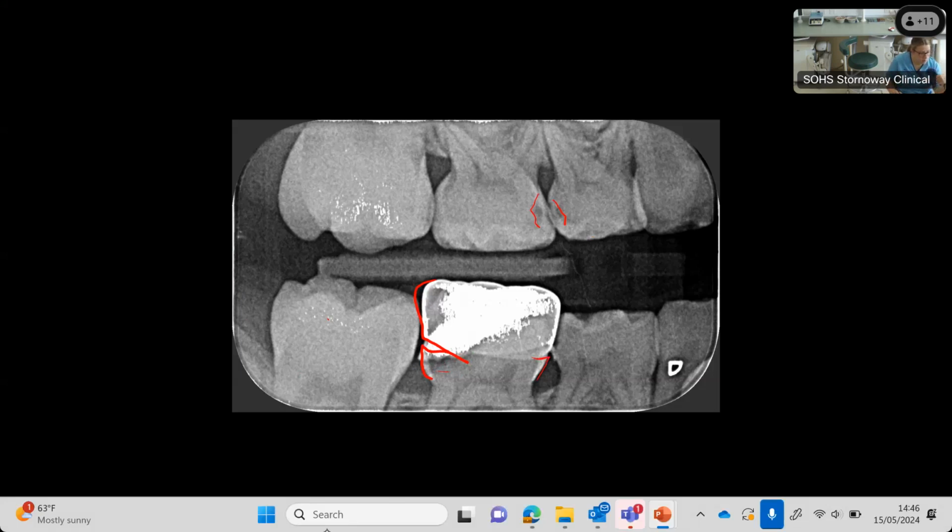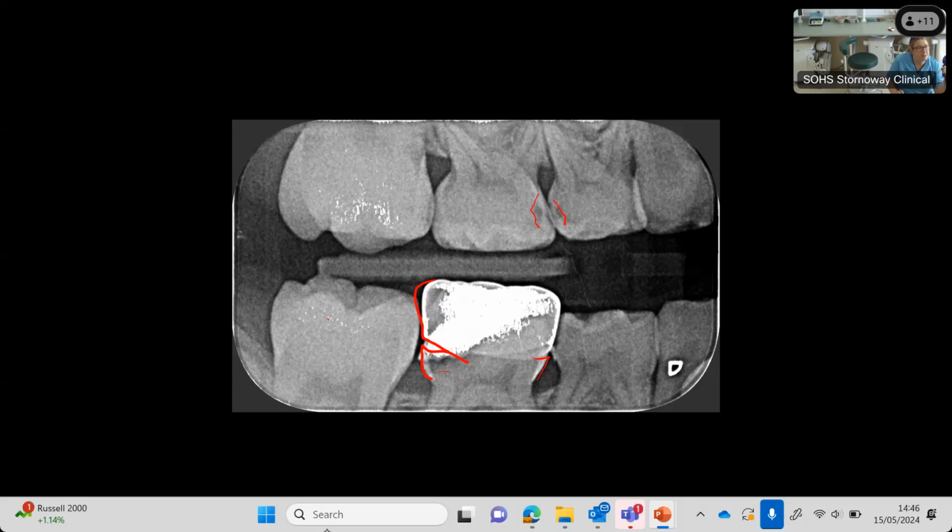Anything else anyone wants to say about that radiograph? No, me neither. It's acceptable, obviously. In fact, it's a very nice bite wing of what I suspect is really quite a young child, because there's no sign of resorption on those.